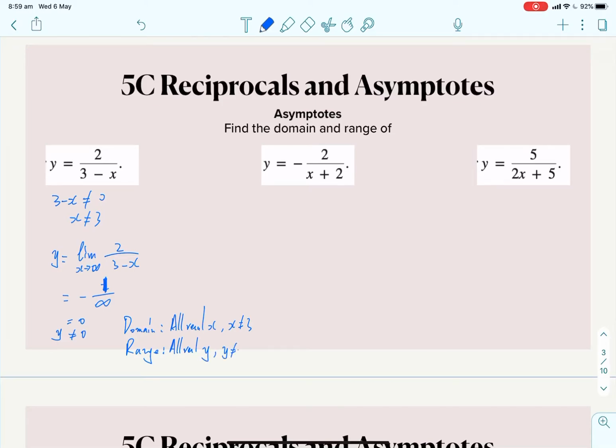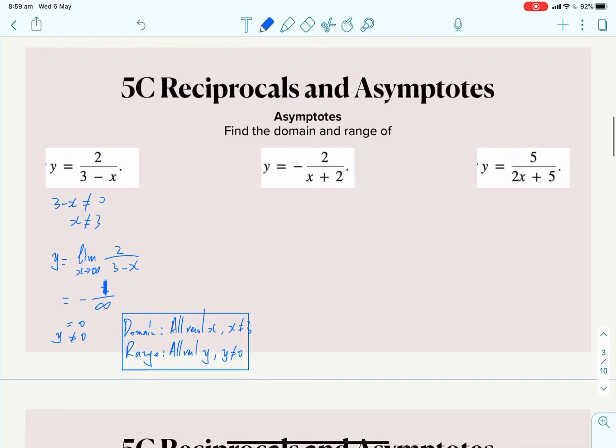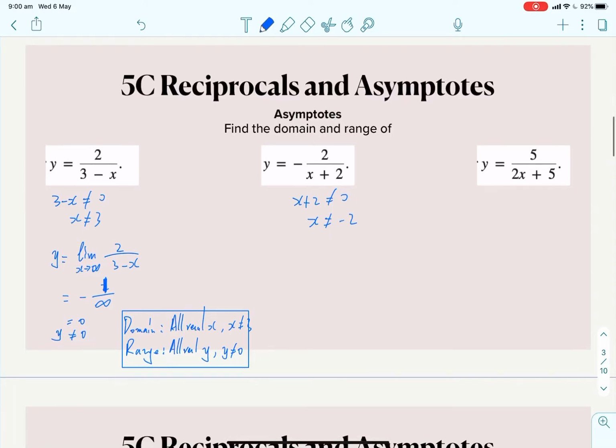y not equals 0. Okay, so I'm going to skip writing the whole sentence for the next two because it's going to take too long. In here, x plus 2 not equals 0, so x is not equal to negative 2. For y, it's quite similar to the first one.